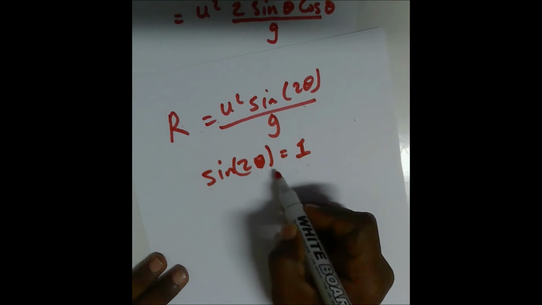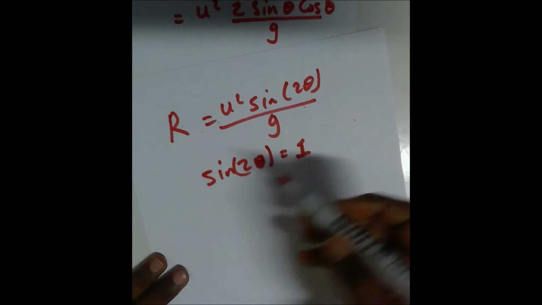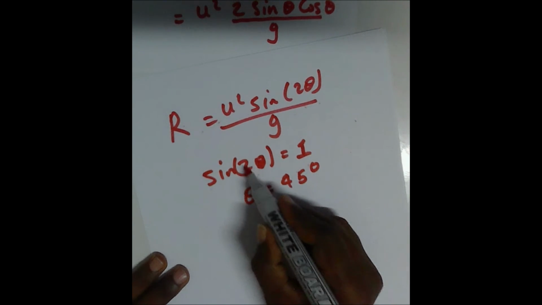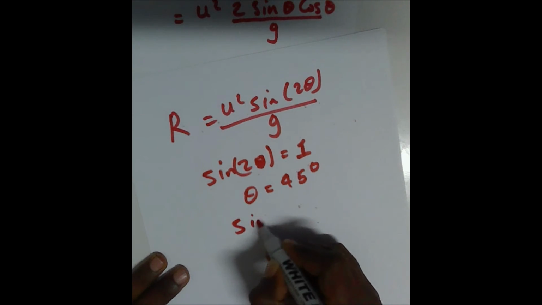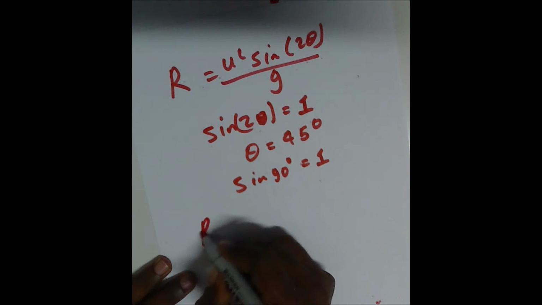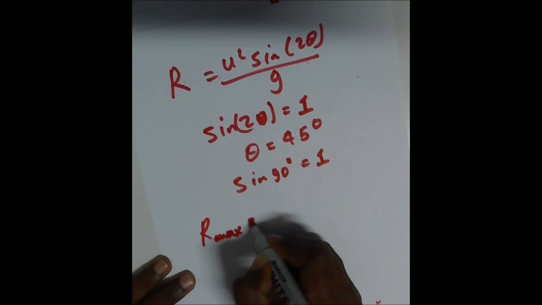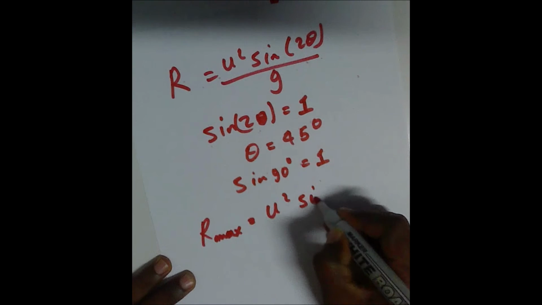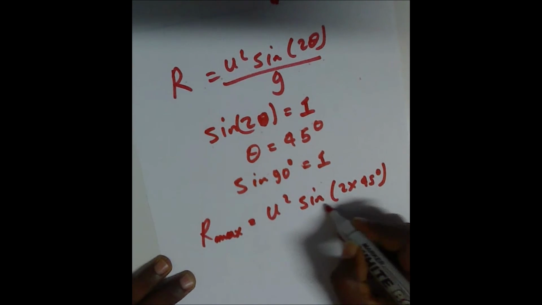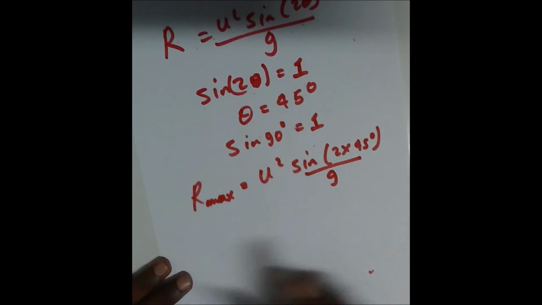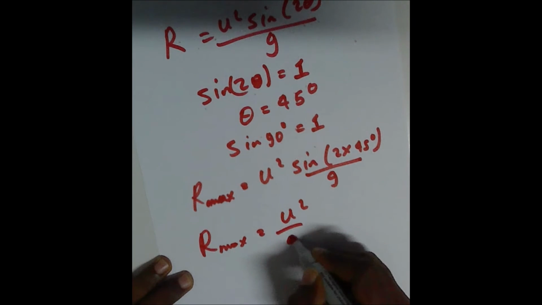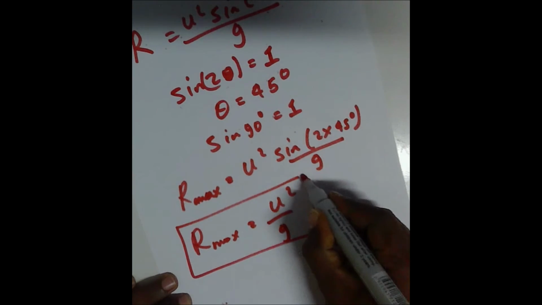Sine 2 theta is equal to 1 when theta is equal to 45 degrees, because 45 multiplied by 2 is 90 degrees, and sine 90 degrees is equal to 1. So R max is equal to u square sine of 2 multiplied by 45 degrees divided by g. So R max is always equal to u square over the acceleration due to gravity.